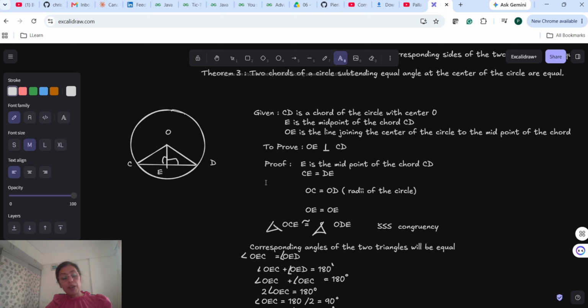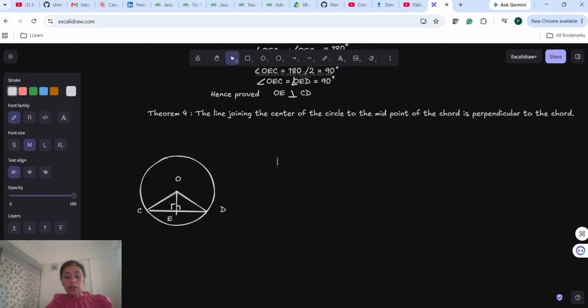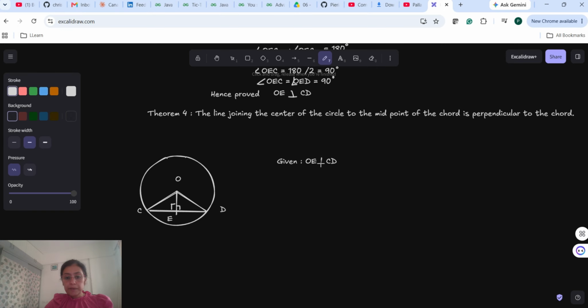So if we take the converse, we are given that OE is perpendicular to CD, and we have to prove that E is the midpoint of the chord. Okay, so here what will be given to us? We are given that OE is perpendicular to CD.